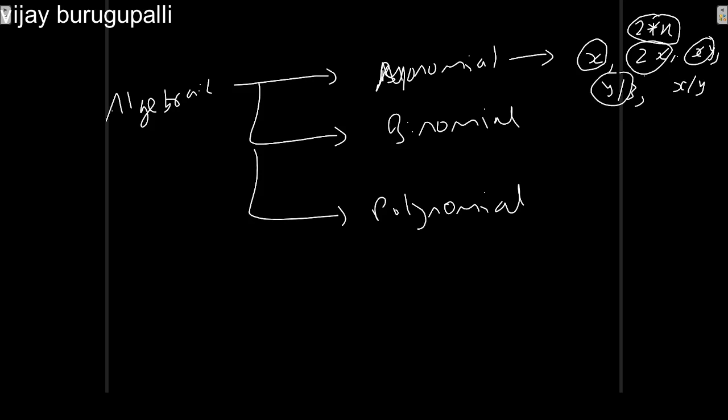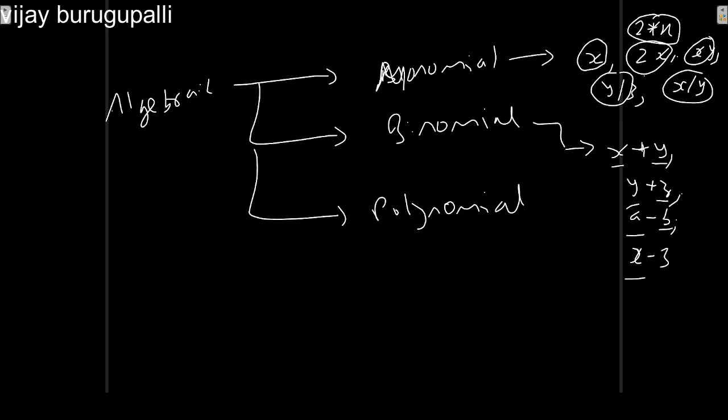Similarly, xy, y by 3, x by y, all these are called monomial expressions because they are all considered single terms. Now let's see about binomial expressions. For example, x plus y, a minus b, x minus 3. All these are called binomial expressions because they have two different terms.